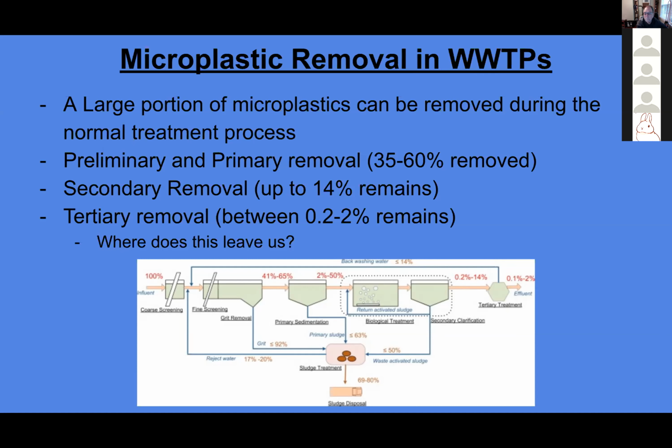So you're seeing the very, very small particles, less than a millimeter in diameter, still going out undetected, because what wastewater treatments use as a measure for determining if it's ready to go back to the environment is biological oxygen demand, and microplastics don't have an effect on biological oxygen demand. So this is a problem. Next slide, please.